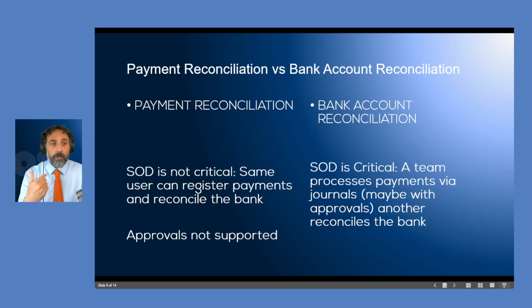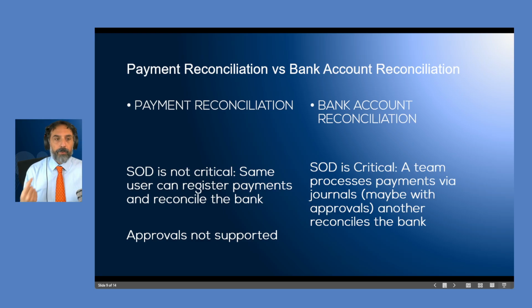The auditor doesn't care. You're a small company. Approvals are not supported. You don't need approvals, and therefore you can pretty much do all your cash in one go. The finance manager of a company of 50 people, they do everything, right? Payment reconciliation. But you need to work in the bank first and then catch up with Business Central, maybe at the end of the week, right?